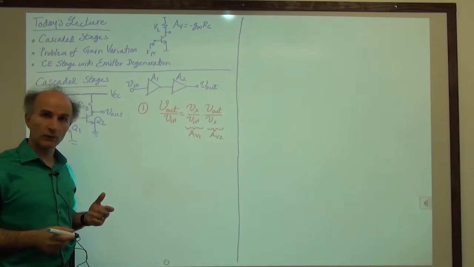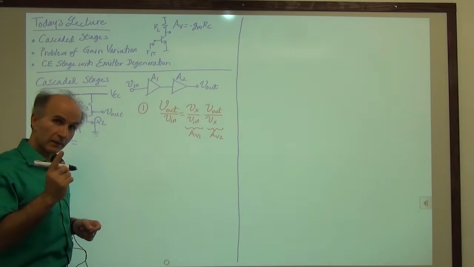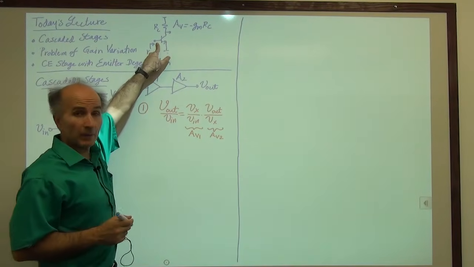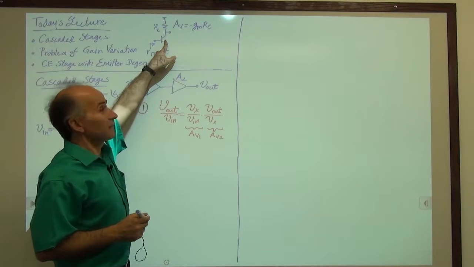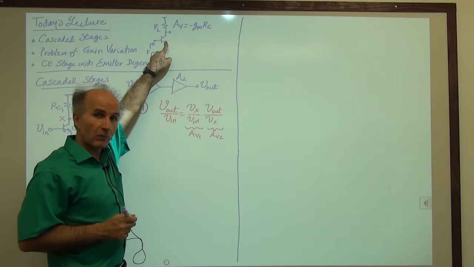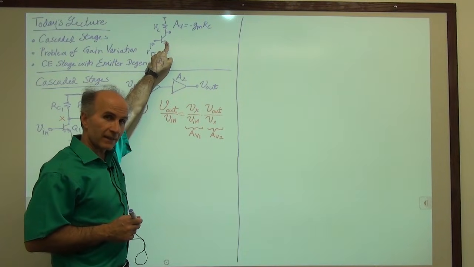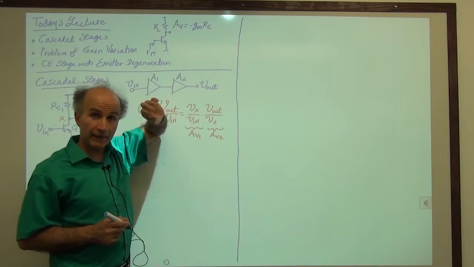And our objective is to find AV1 and AV2. Knowing that the small signal gain of a simple common emitter stage is equal to minus GM of the amplifying device multiplied by the total resistance that we see between the collector and AC ground.